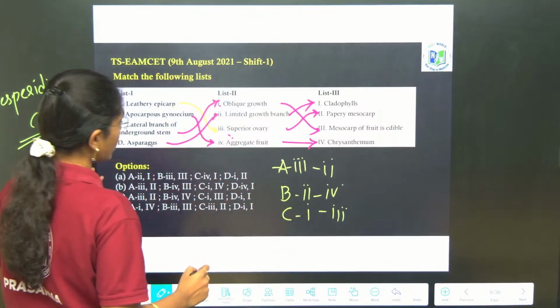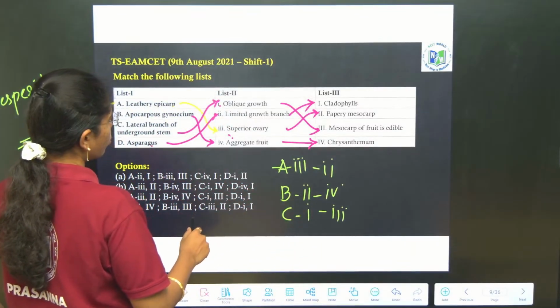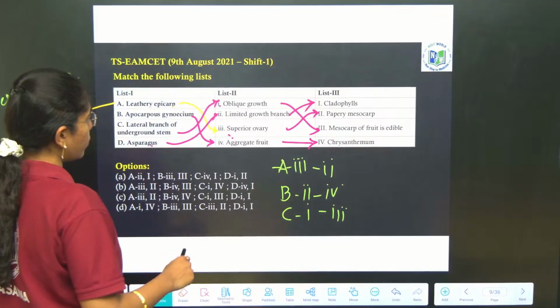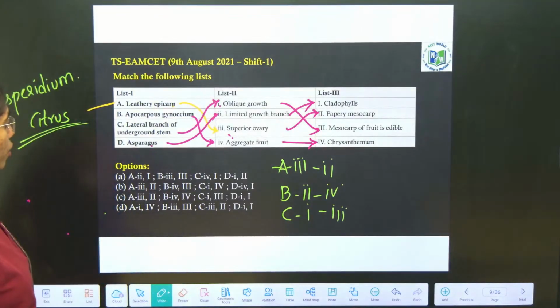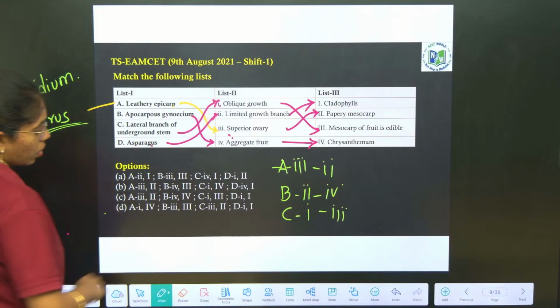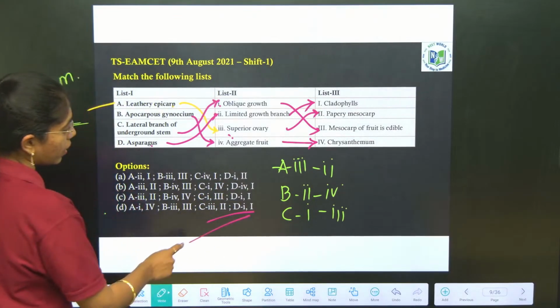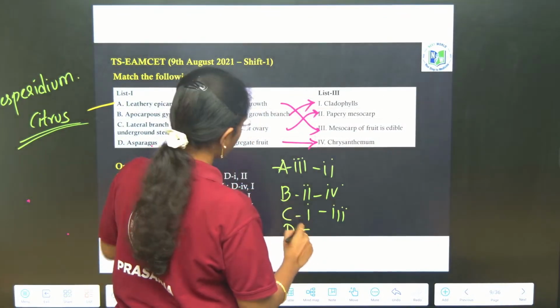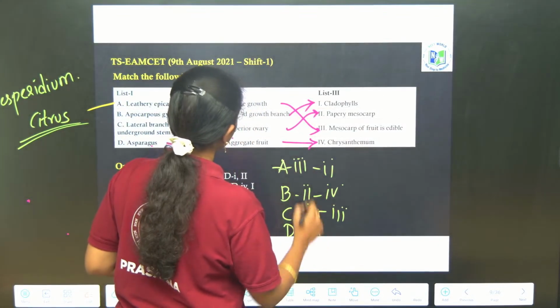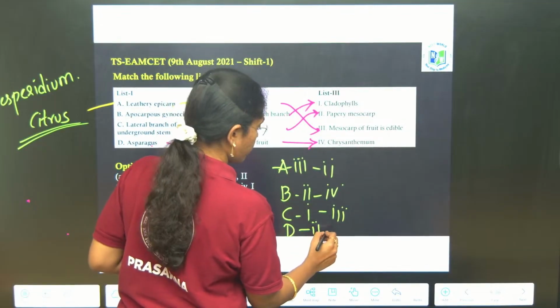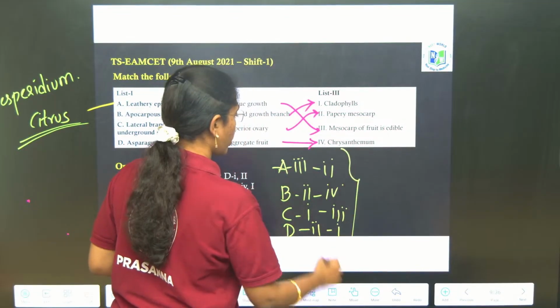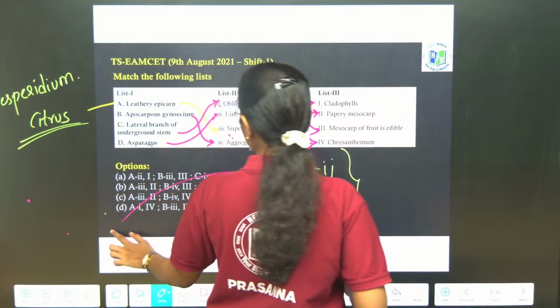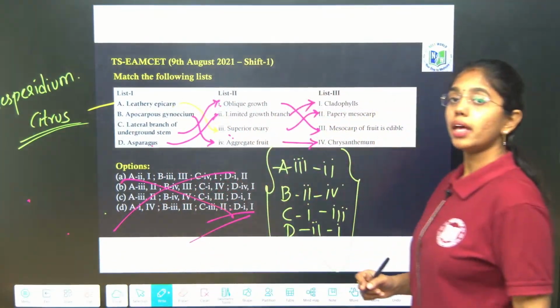Last one, you see D is 2, that is branches of limited growth, asparagus, D 2 and 1. Here somewhere options are not given properly, but you take down this D 2 and 1. Cladophyll is the modification. Clear, right? Okay. Next question.